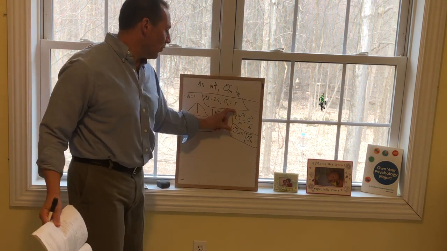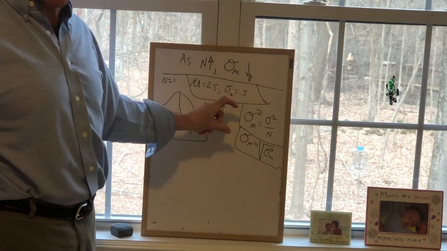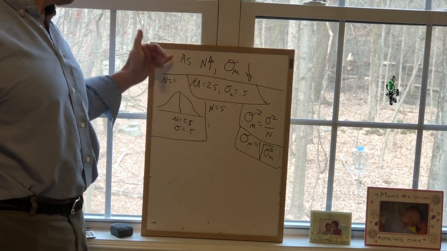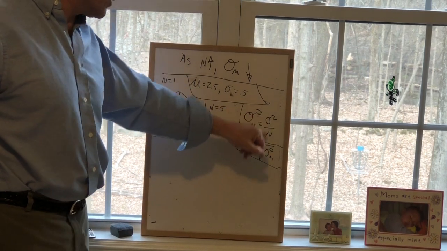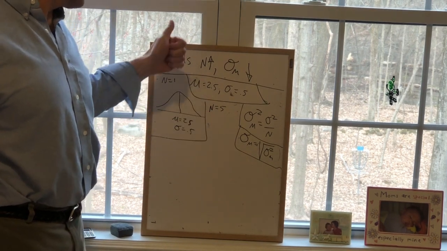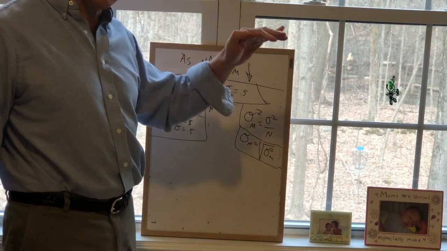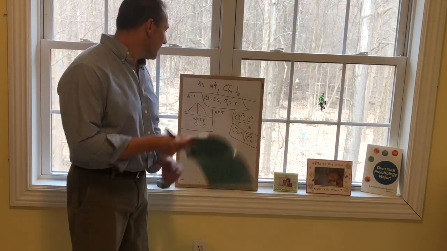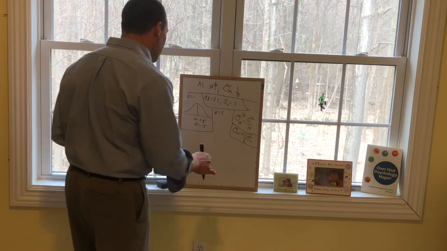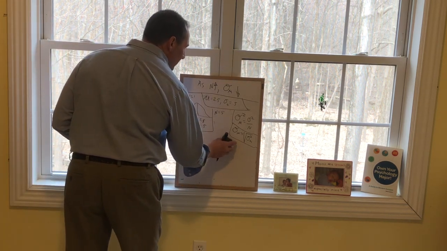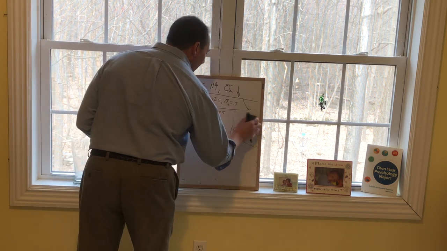Make a point of these equations right here. The reason that this rule up top is true is because of the math involved here. As n increases, the standard deviation of your distribution of means goes down. Now imagine a world where n equals 5.